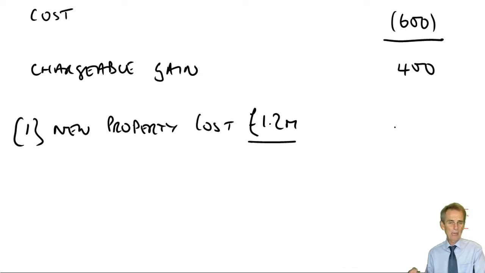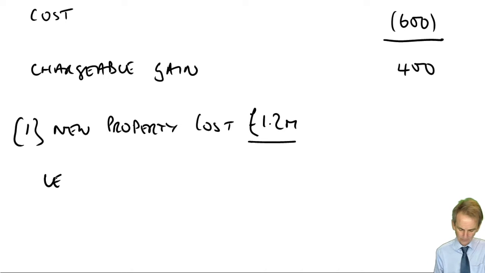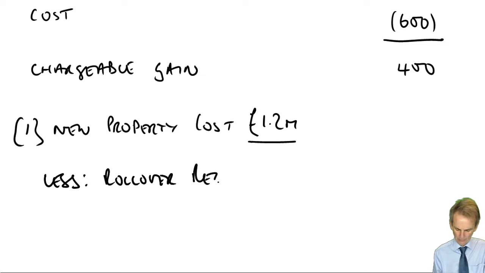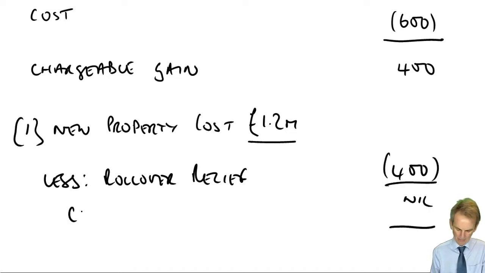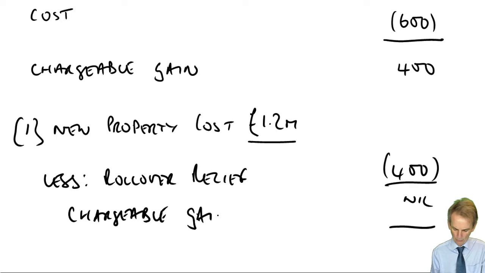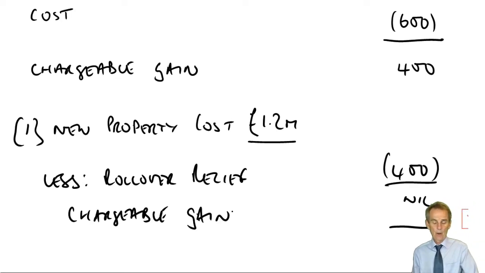So if we choose to make the claim, and do make the claim by the relevant date, we would now have less rollover relief, and that rollover relief would be the full £400,000, bringing us down to what would be a revised chargeable gain post this rollover relief of nil.